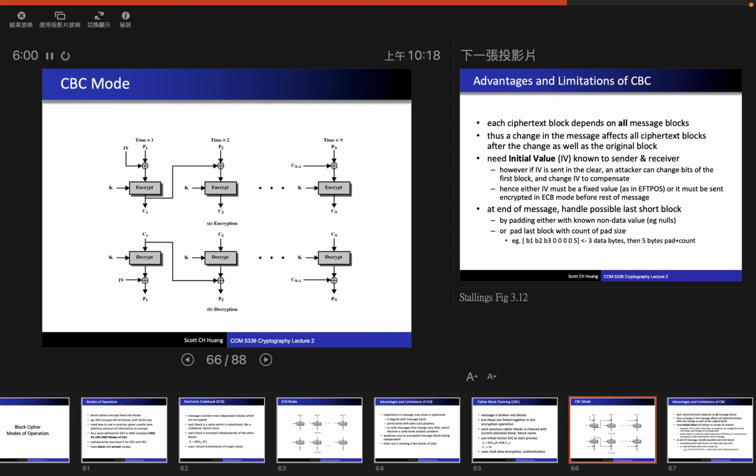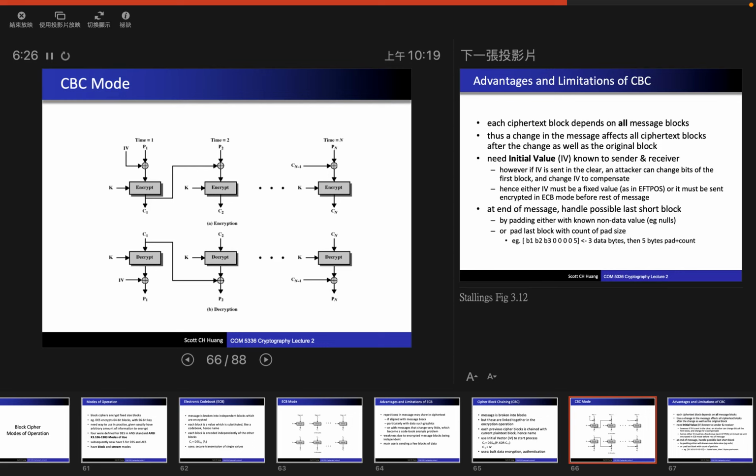So even though you may have exactly the same plaintext, because of this XOR, you're going to end up with different ciphertext. So the attacker has no way to know the relationship between plaintext and ciphertext. It makes it much harder to attack. This is called the CBC mode.